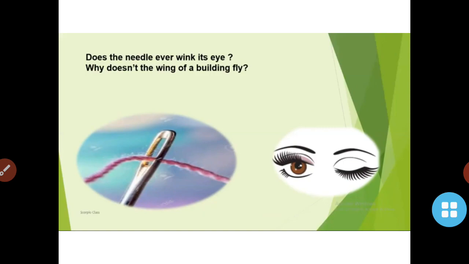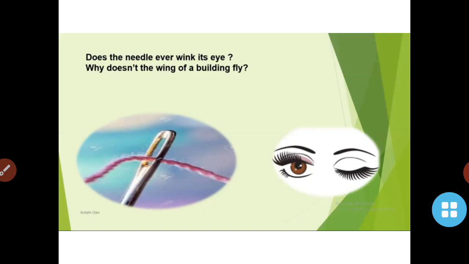We wink our eyes every 2-3 seconds. We have to, because if we don't, then our eyes start watering. So we have to wink our eyes. But the needle cannot wink its eyes. Okay, the needle's eye means the upper part of the needle, where we pass the thread through the hole, that is called needle eye.